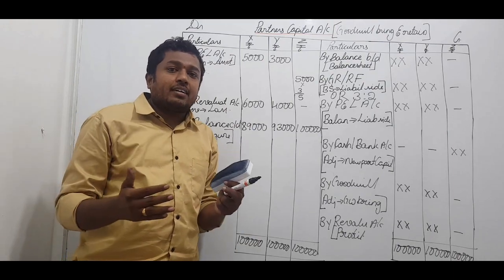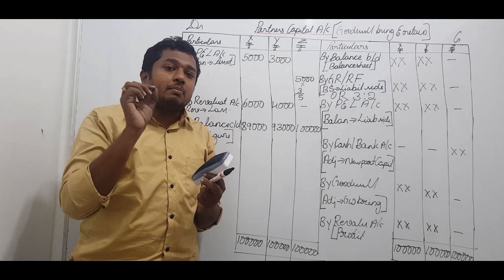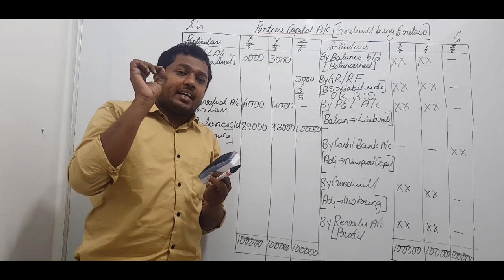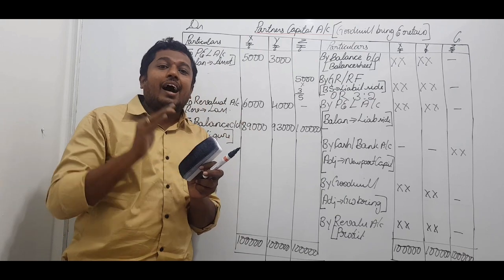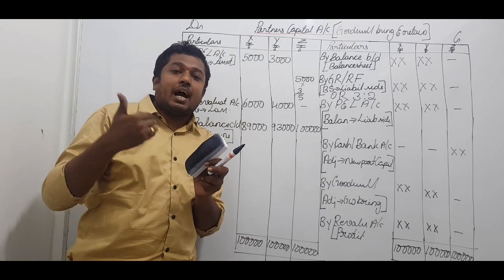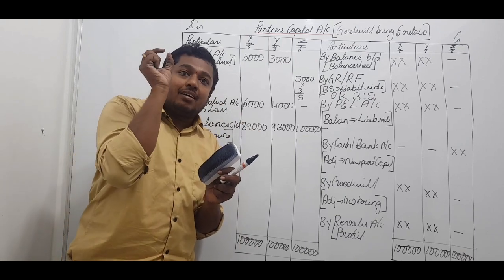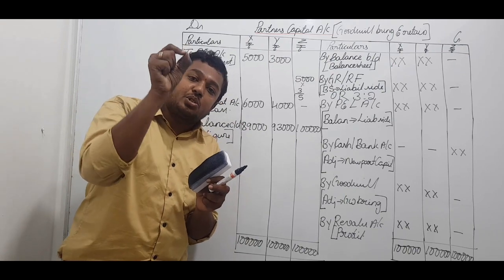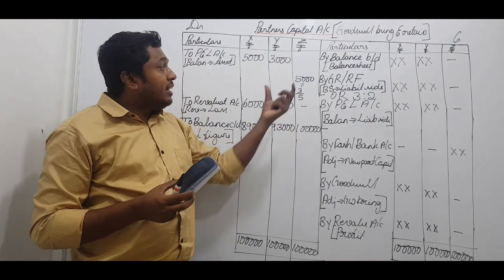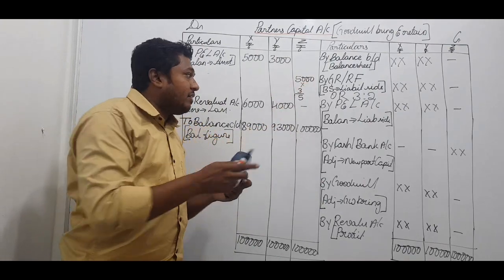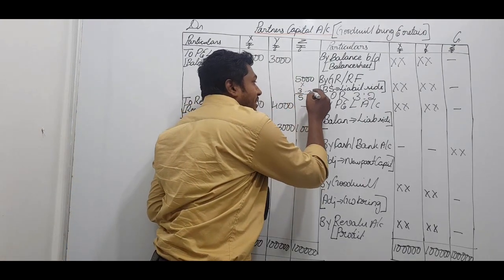You can do it in any ratio. But remember one thing, if the ratio is given, you should add all those ratios, and whenever you are distributing the amount to each partner, the respective partner's ratio should be divided by the total of the ratios, that is 3 by 5. 5,000 into 3 by 5, you will get 3,000.